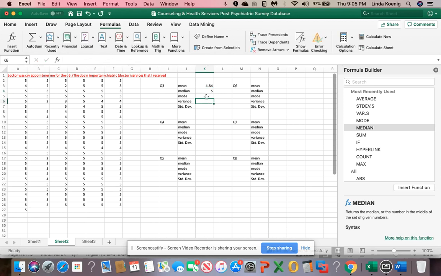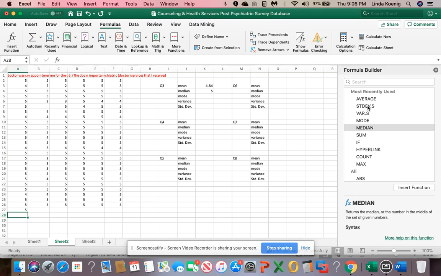Now, I'm going to skip down here to standard deviation, so you can see what that's going to look like. Let's put our cursor down here. And then you'll notice this is recently used. And this is standard deviation.s. And you'll notice if you look through here, there's standard deviation.p, there's standard deviation by itself.